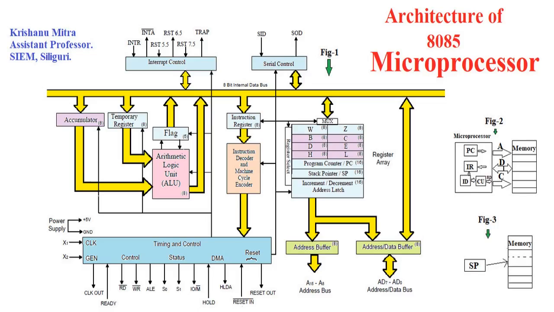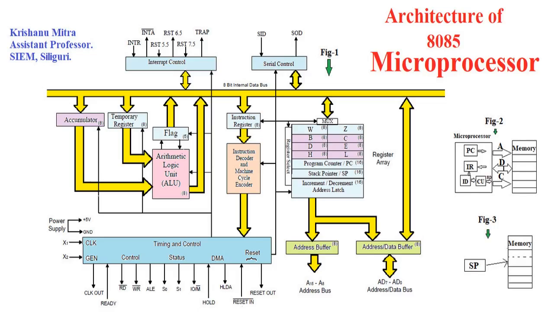The instruction register will only collect the instruction from the memory which needs to be executed. The instruction decoder will decode that instruction and send it to the timing and control unit for the rest of the work.